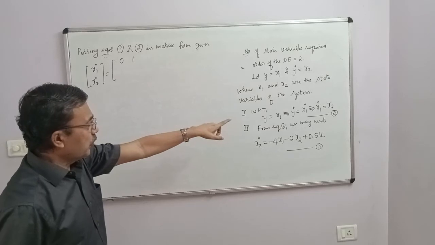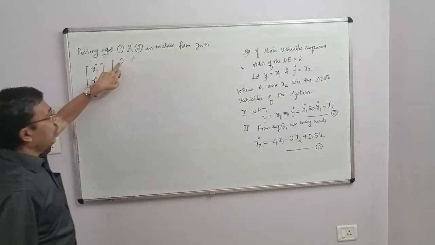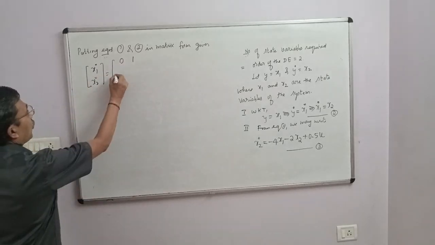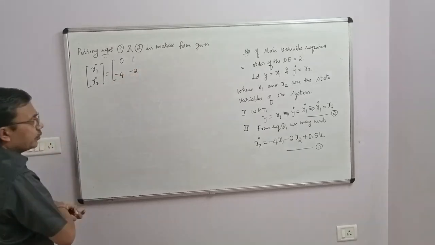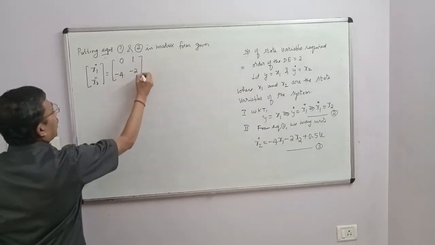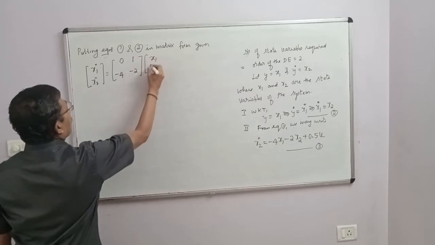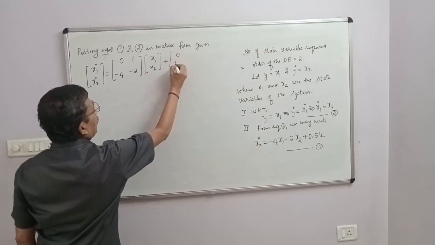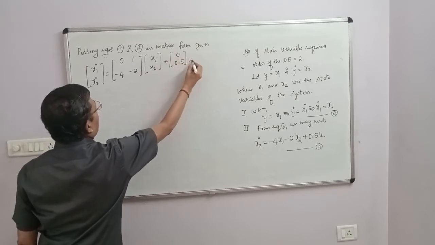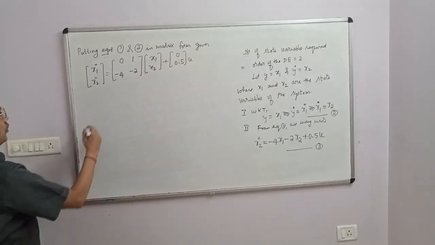In equation 2, x1 is absent, therefore this element is 0. Then minus 4, minus 2, multiplied by the column matrix x1, x2, plus 0.5 multiplied by u. This is the state equation of the system.